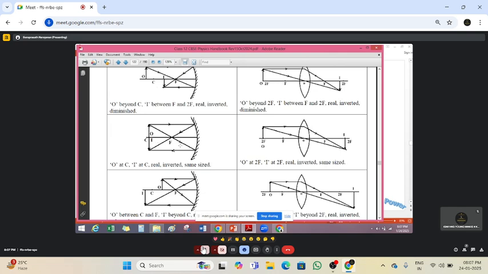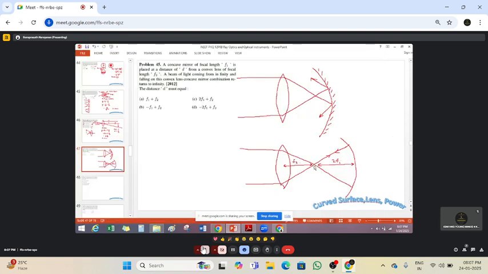So go back and check this. Maybe we have shown an arrow here, but here we are talking about a point image. So after going here, it will come back to the same point only if it is at 2f. That means the distance will be 2f1 plus f2. So they are asking what is distance d.